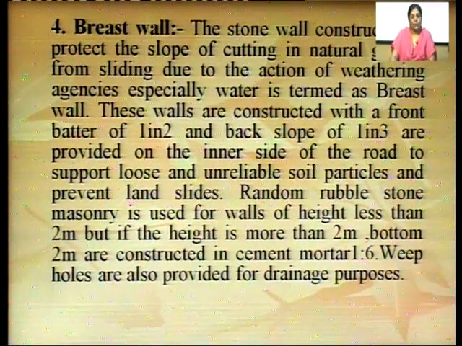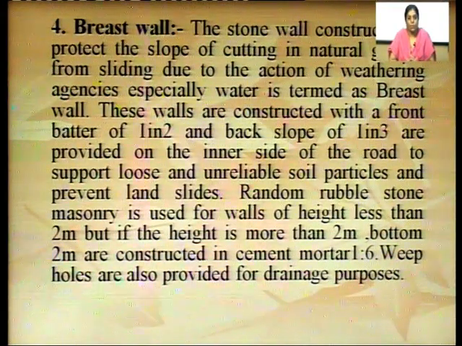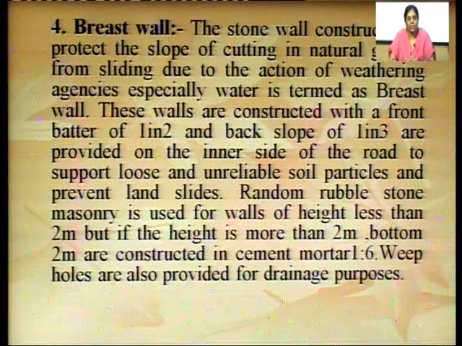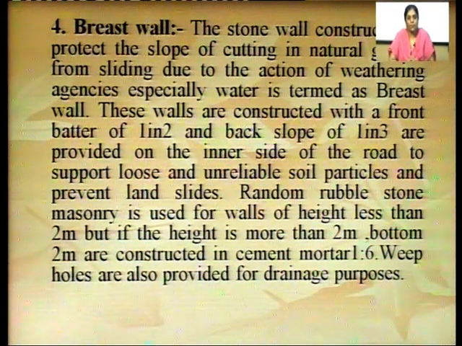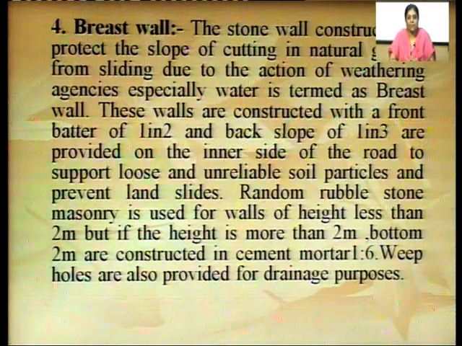So, the next important term is breast wall. The stone wall constructed to protect the slope of cutting in natural ground from sliding due to the action of weathering agencies, especially water, is termed a breast wall.